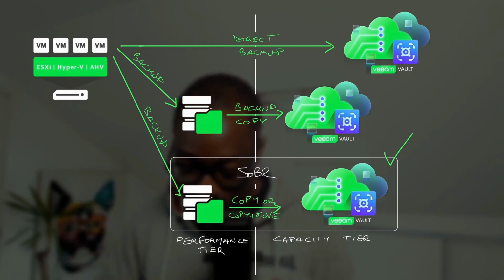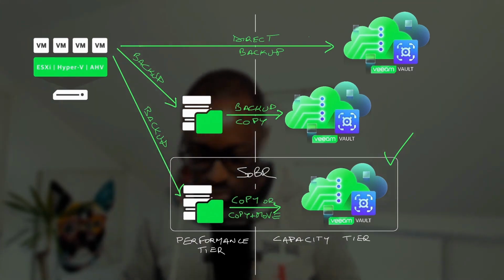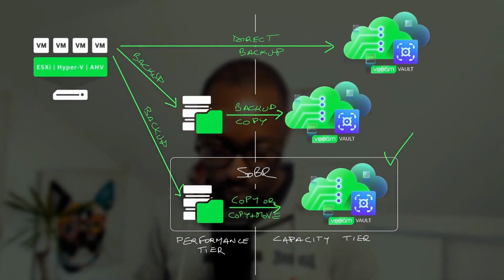What's really interesting about this setup is that there's only one job to configure, the backup job. You create the SOBR, set the rule, and then the data is automatically copied from the primary repository here to the object storage Vault. And at that point, you are fully compliant with the 3-2-1 rule.